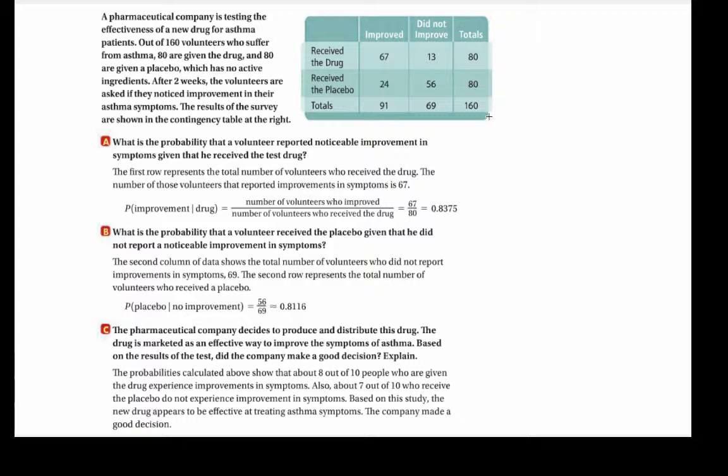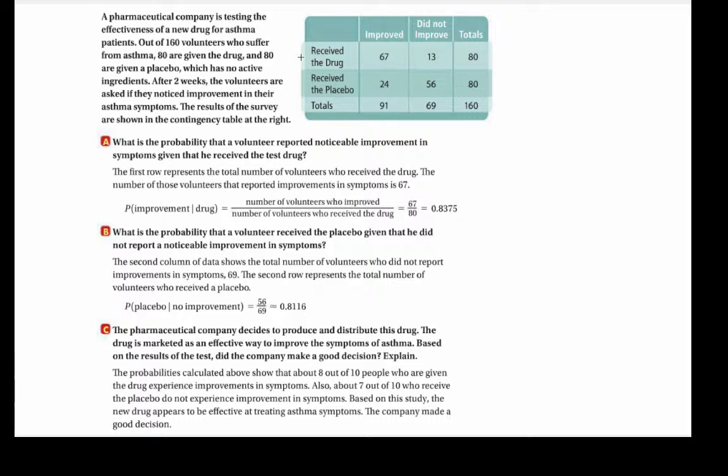Okay, so question A, what is the probability that a volunteer reported noticeable improvement in symptoms given that he received the test drug? Well, the first row represents the total number of volunteers who received the drug. The number of those volunteers that reported improvements in symptoms is 67, so that's our numerator.